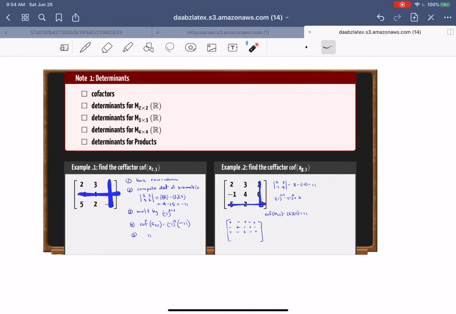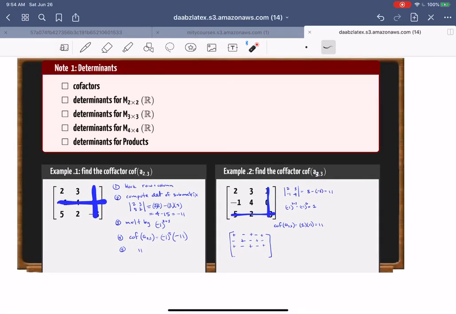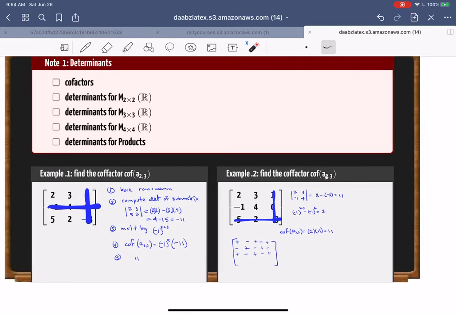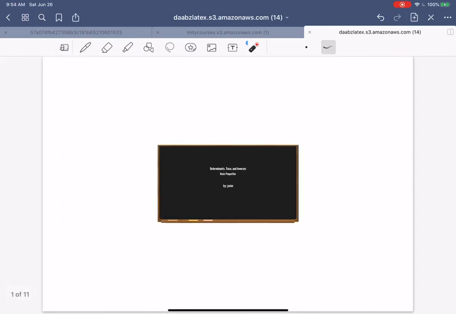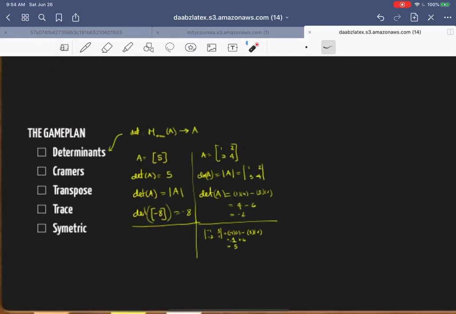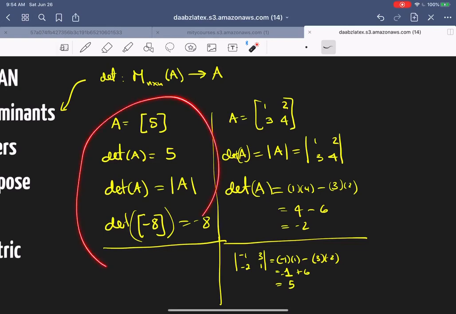Now, I explained the cofactor story because it has a lot of implications. But among other things, it also helps us figure out the determinant of the 3x3 matrices. Determinants of 1x1 matrices we already did earlier. 1x1 are super easy.